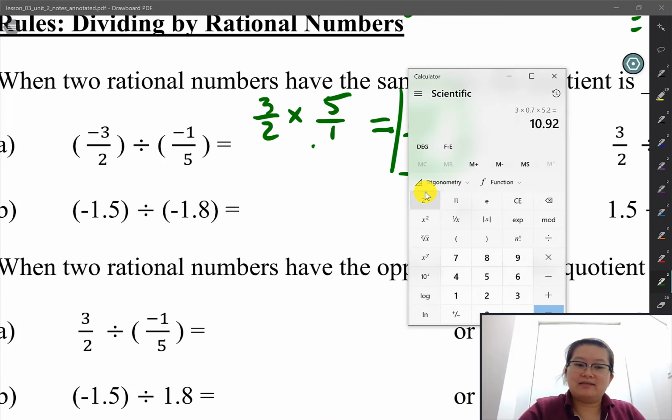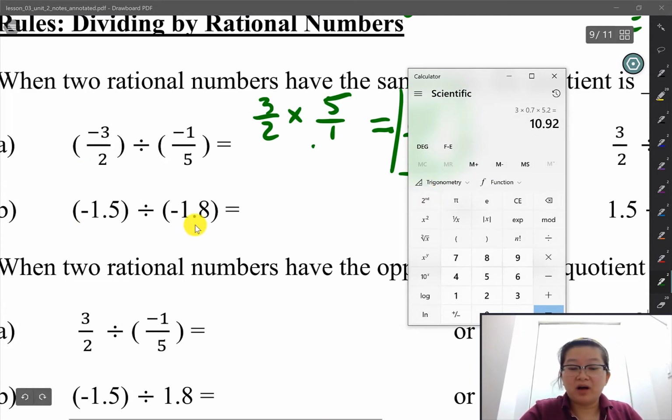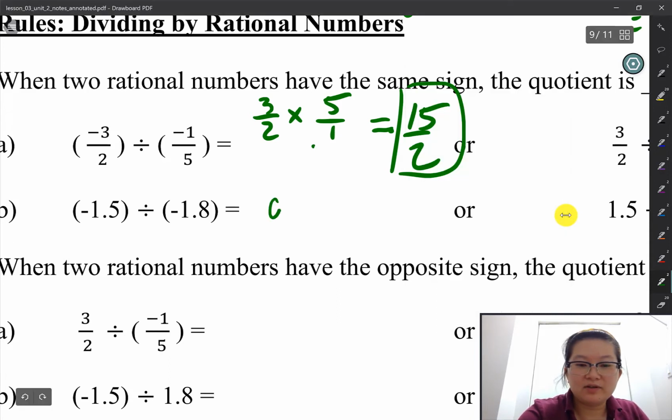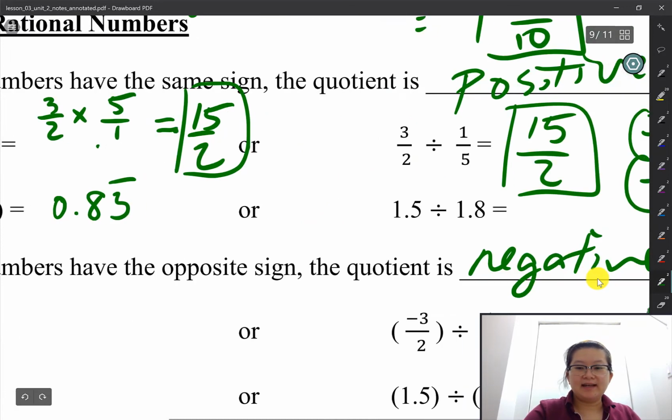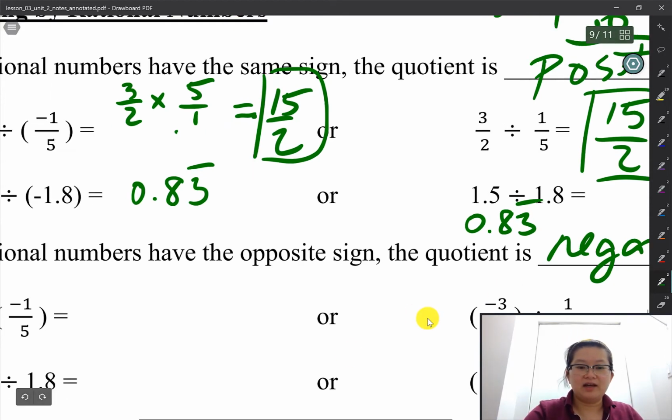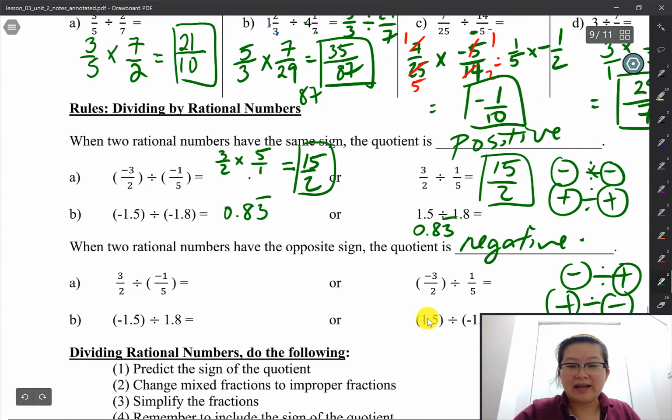And I know that this is going to be a positive number. I get a really ugly 0.83 repeated. And that's exactly what I get if I deal with the two positive numbers anyways, 0.83 repeated. Done.